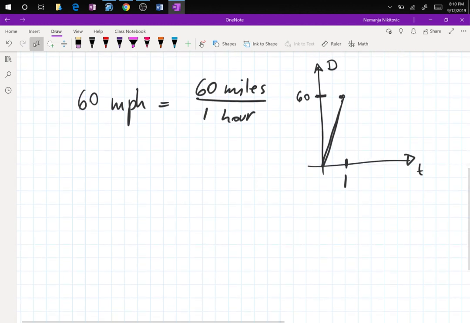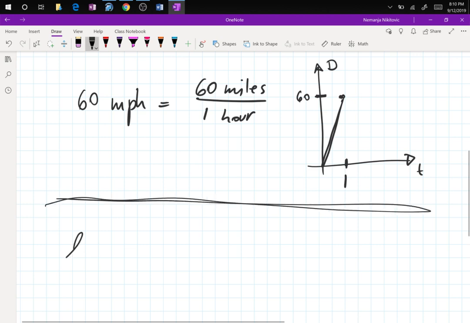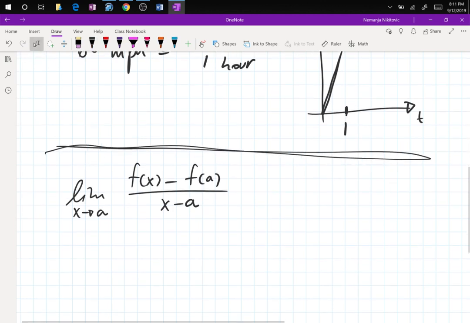So I have the formula which says the limit as x goes to a of f of x minus f of a over x minus a, and we would like to make this formula easier. So what I'm going to do now is define the letter h to be x minus a.